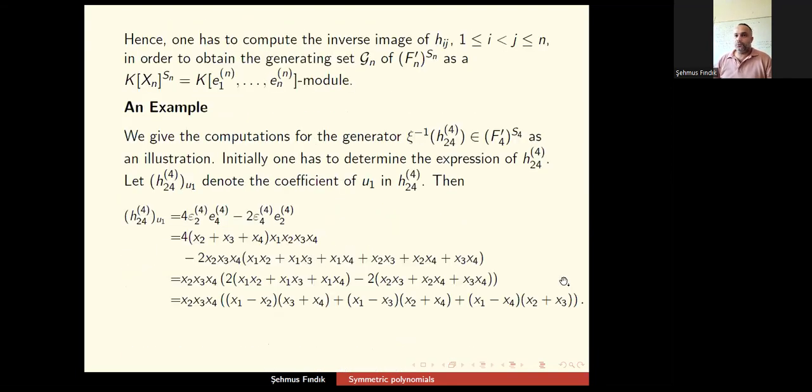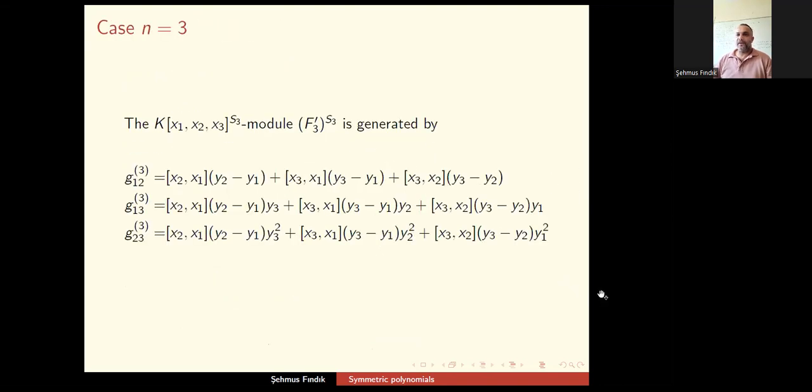So when you go to rank 3, you have 3 generators here. In fact, this is 3 choose 2. This is the number of generators here, but we are not saying that these are the free generators. And for any n, we have g_ij's, where i is less than j, and they vary from 1 to n, and it's also n choose 2.